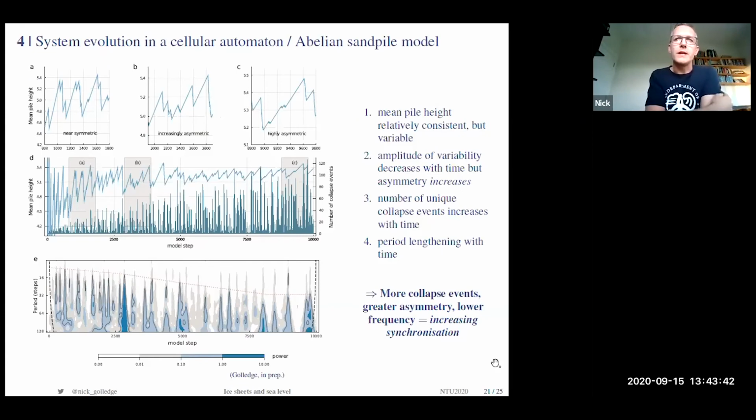Now, what's interesting is if you look at the mean pile height, so the average height of the grains in that artificial domain, and you map that out over 10,000 iterations, in those top panels you can see we start out with nicely symmetric cycles as the average height of the domain rises and falls.